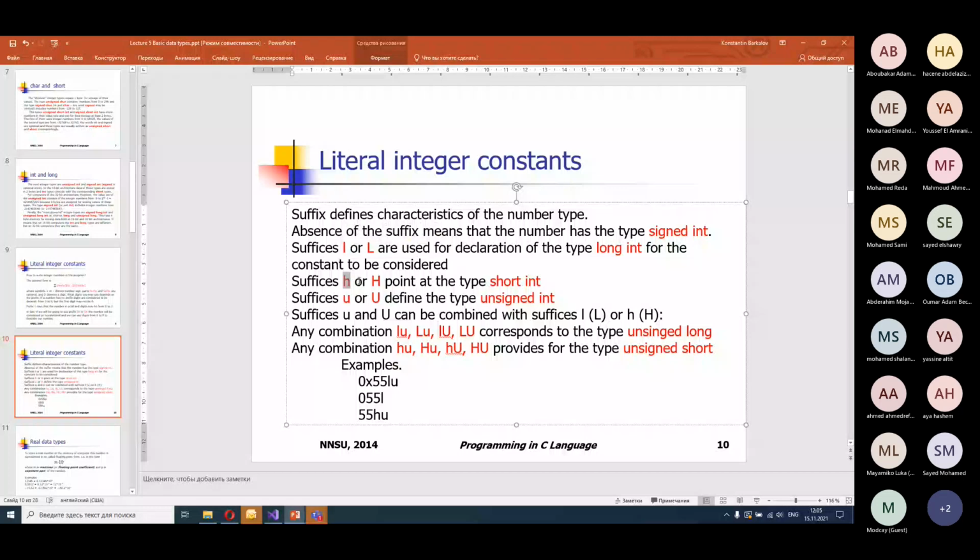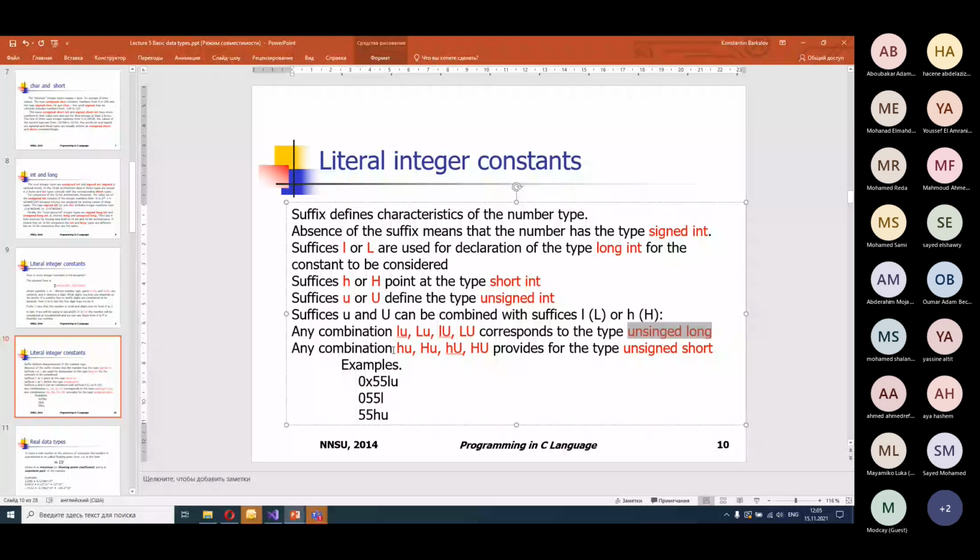Any combination LU corresponds to the type unsigned long. Any combination HU corresponds to the type unsigned short.